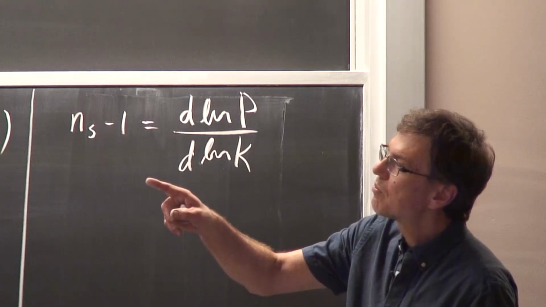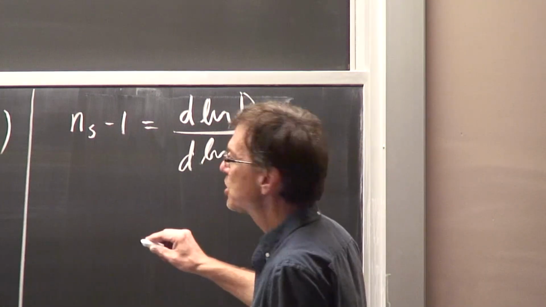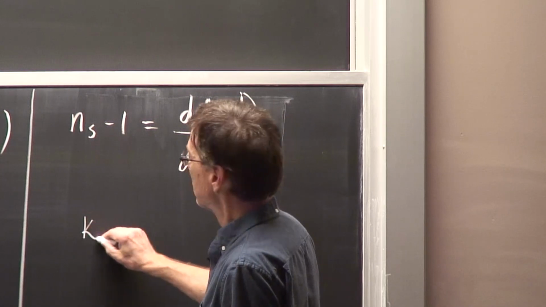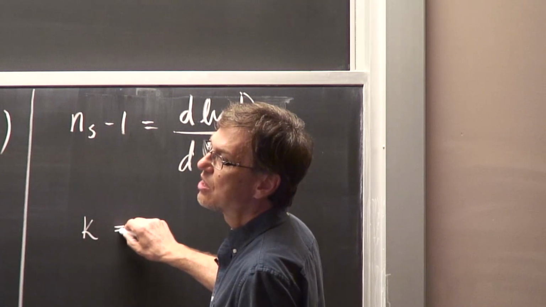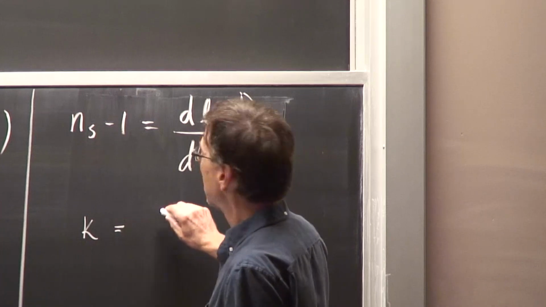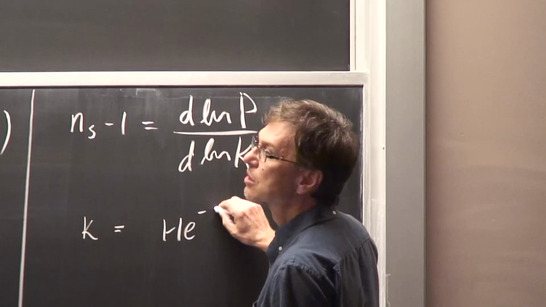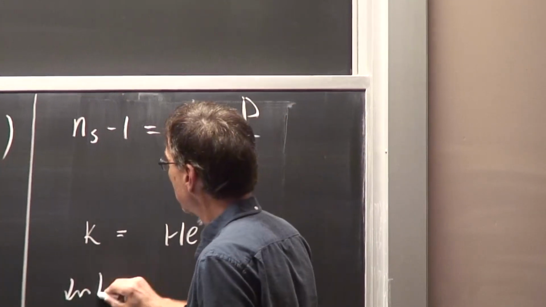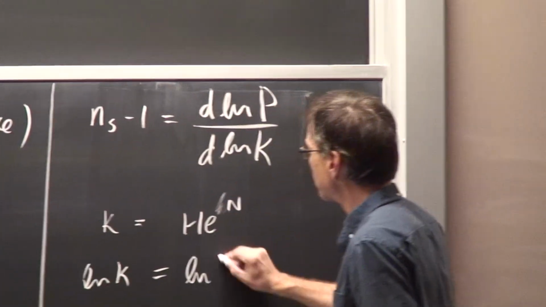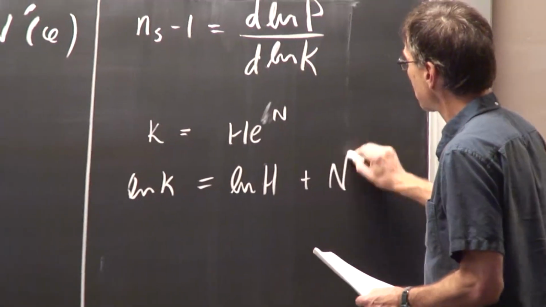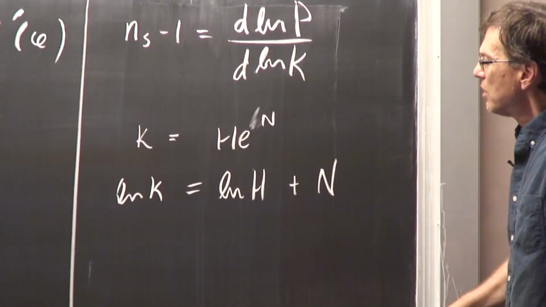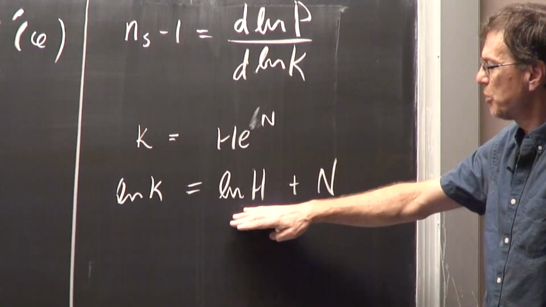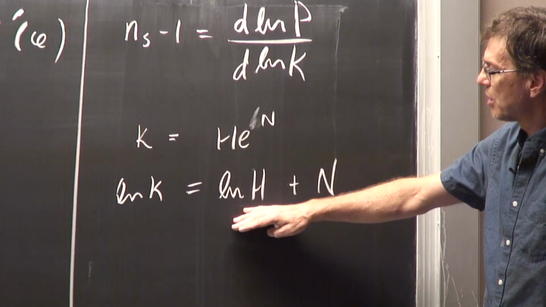And from our horizon crossing expression, since we have k is equal to H e to the N, so log k is equal to log H plus N. And if we want to do this very exactly, we should also differentiate the Hubble parameter.